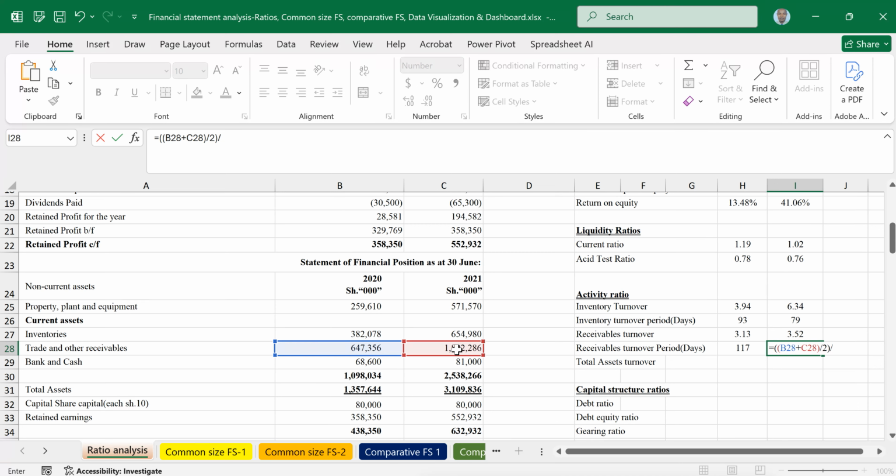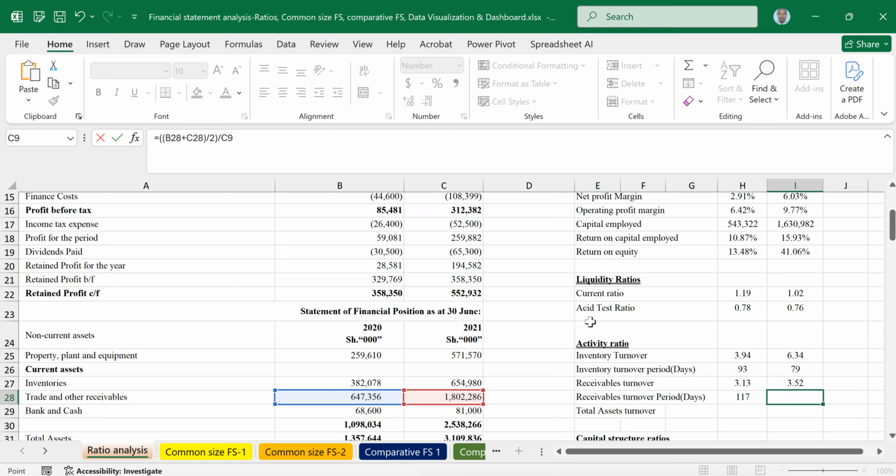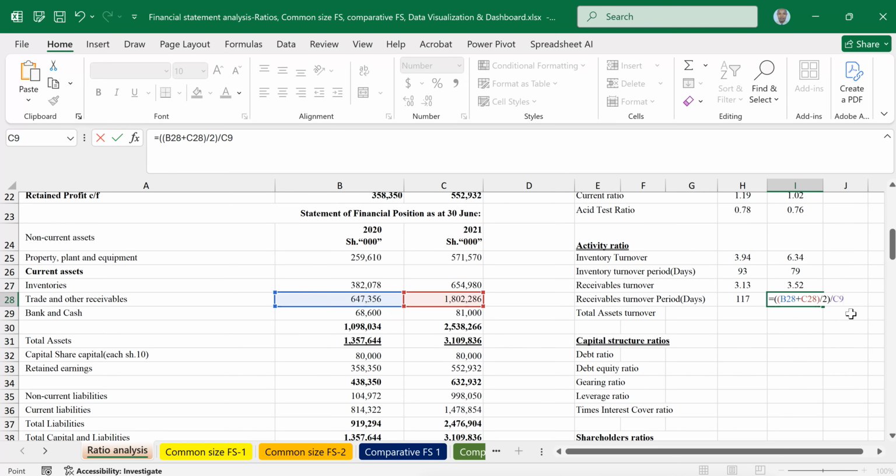Divide by the sales. Now the sales are 43, that is divide by the sales. I think we need another, that is 1 closed, 2 closed. We need another bracket for that case, because we need to multiply times 365. So average receivables over credit sales times 365.